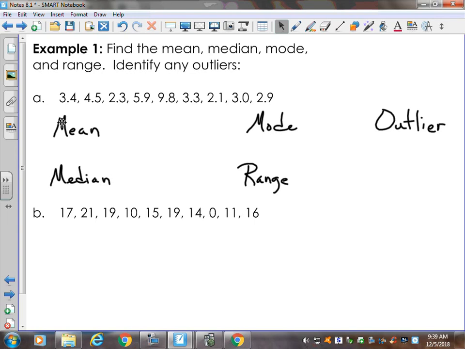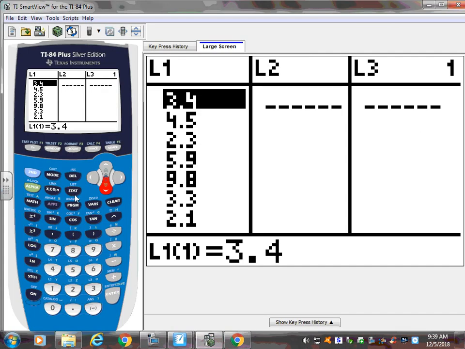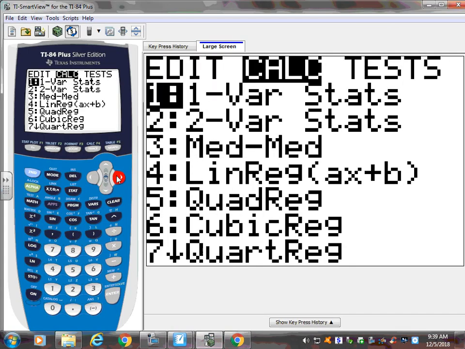Alright, is everybody ready? Alright, so on your calculator, if you've forgotten, you go back to Stat Calculate. And under Stat Calculate, we're going to use number 1. Now, number one is one variable statistics, which means that you have all your values in one column. And for each of these problems, that's true. We put in two columns, but that's two different problems.